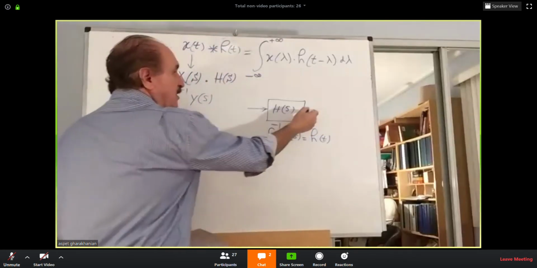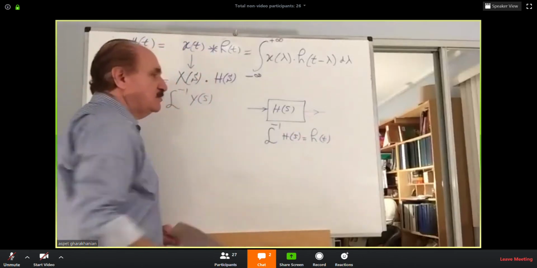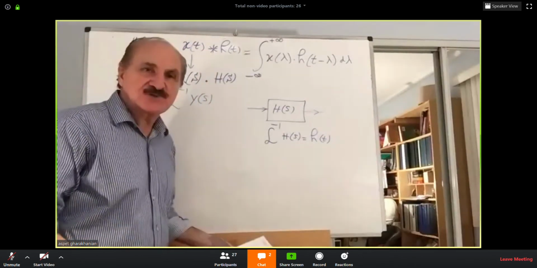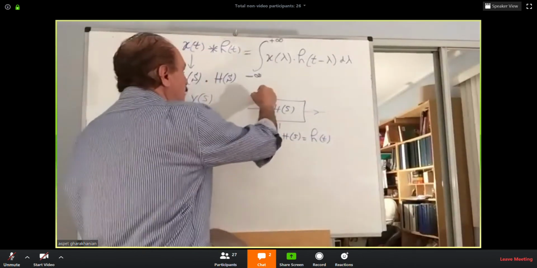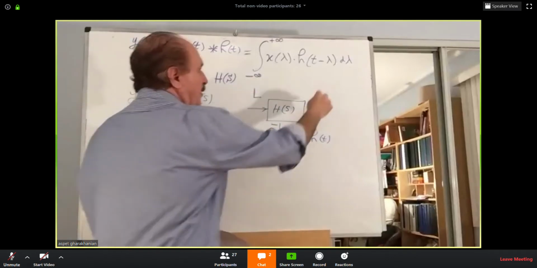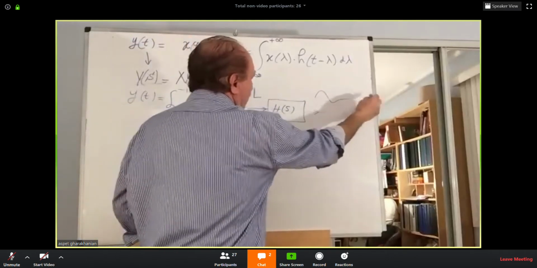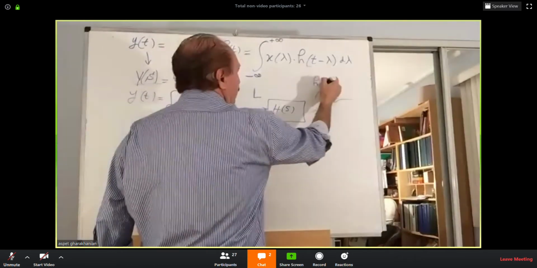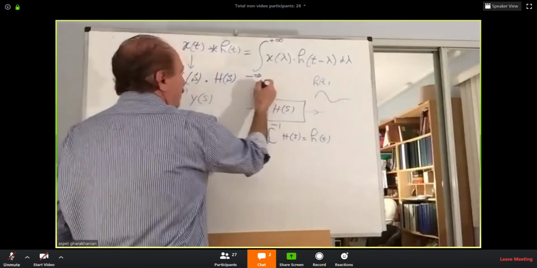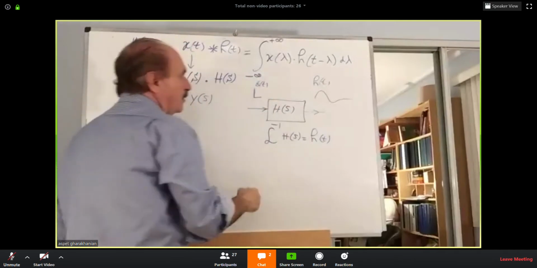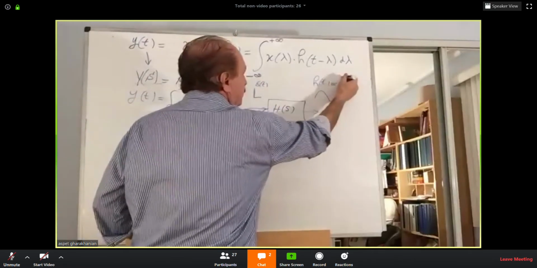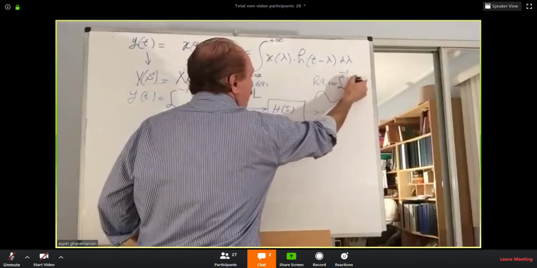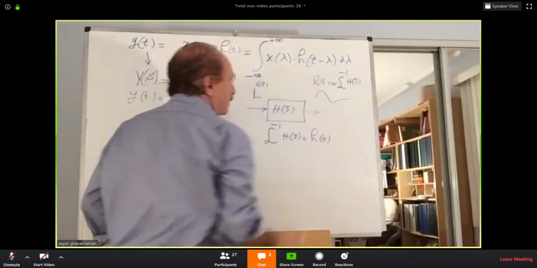What was the inverse transform of a transfer function? Do you remember? We said it's the impulse response. So if the system has a response like that to the kick, this is the h of t while you're applying a delta t, and h of t is nothing but the inverse transform of h of s.